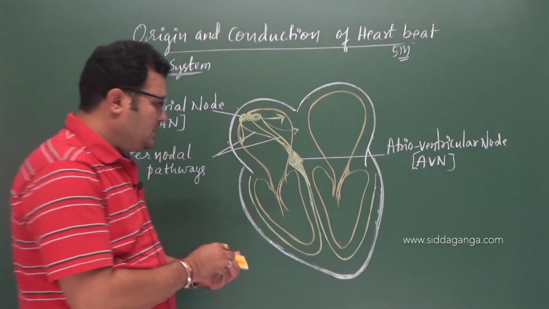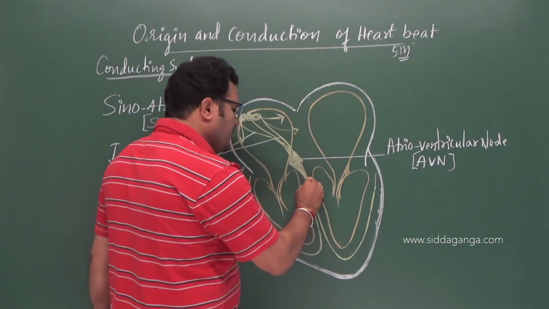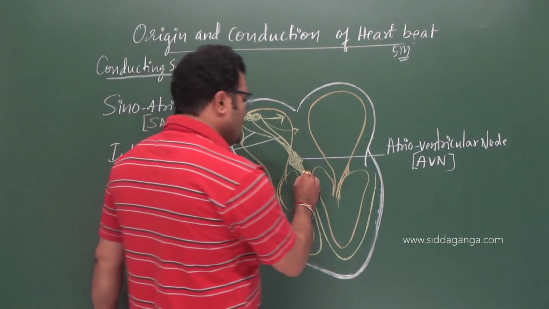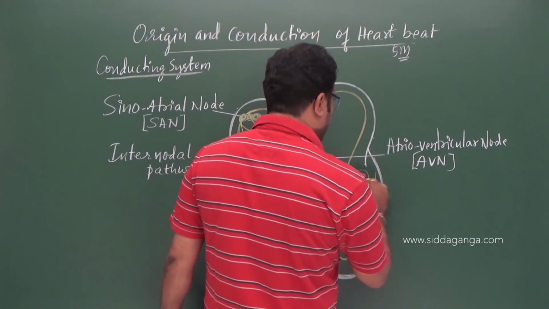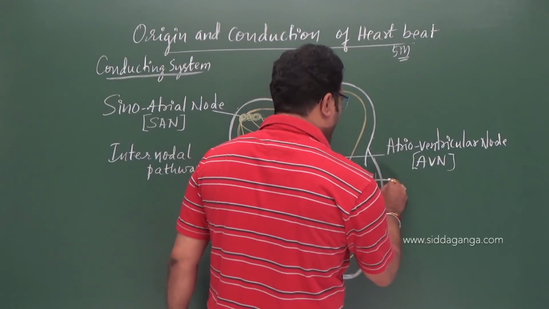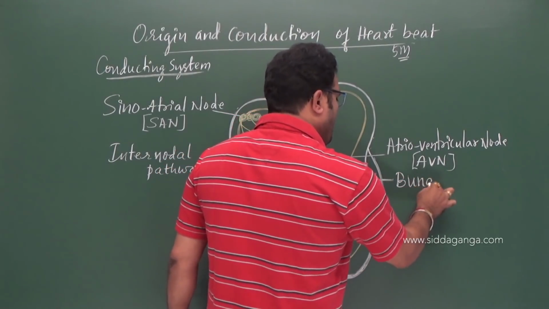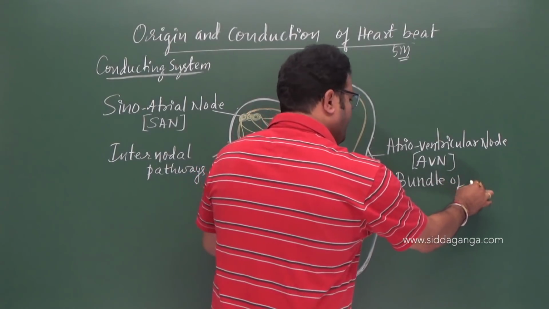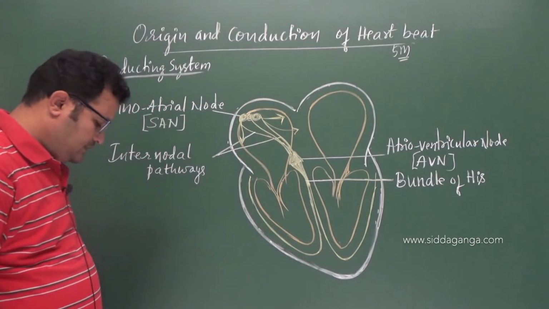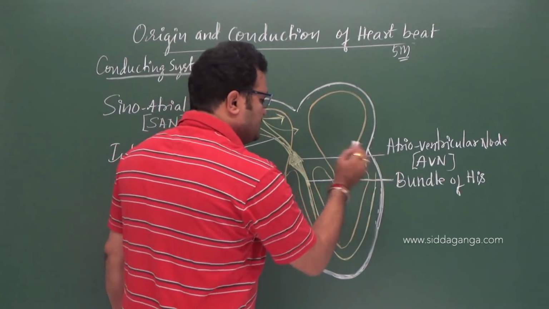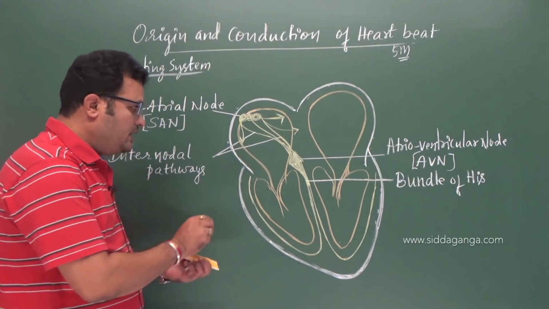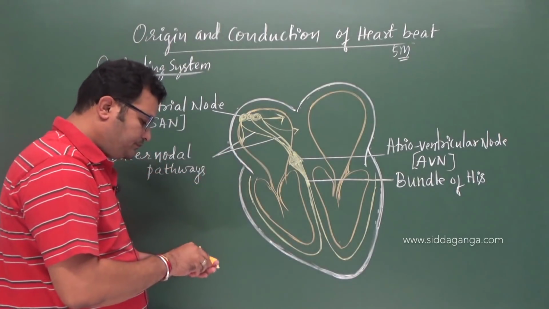When this bundle starts from the AVN, it is said to be the bundle of His. His is the name of the scientist, a famous cardiologist who discovered this bundle.